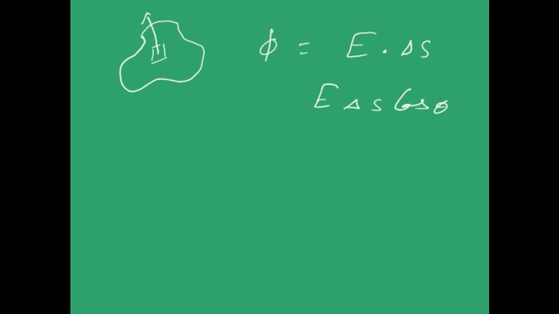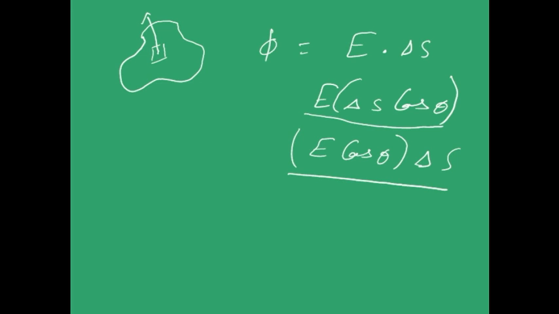You can write it as E times delta S cos theta or E cos theta times delta S. Both of them are correct, but this means the number of field lines passing through the projection of the area element onto the surface which is perpendicular to the electric field lines, or the component of electric field which is normally falling on the surface.